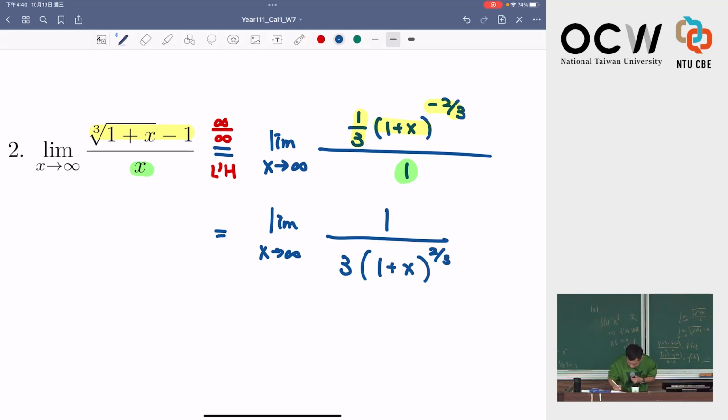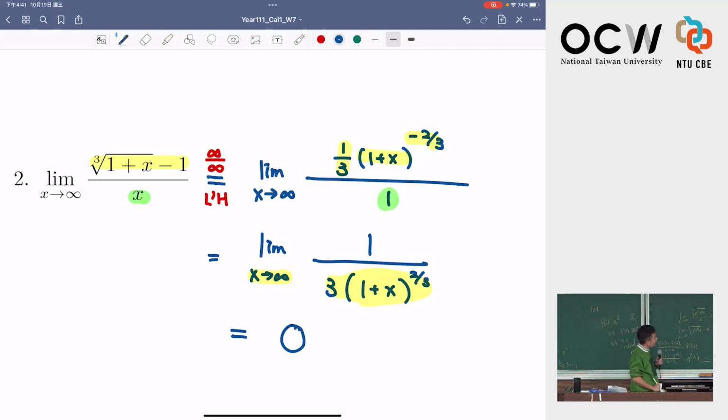That means this limit is 0. So we're done. This is an easy application of L'Hopital's rule, but of course we don't let your life be that easy.